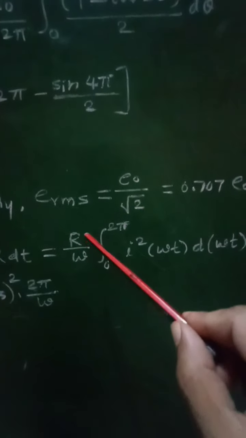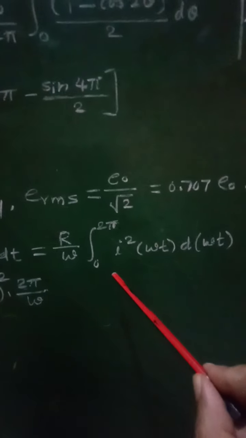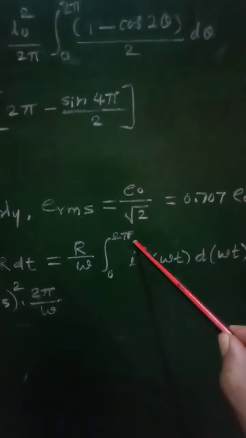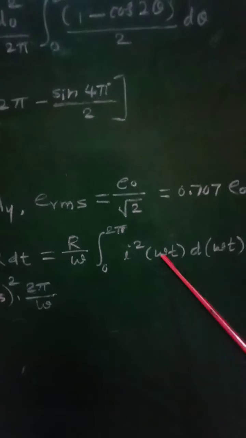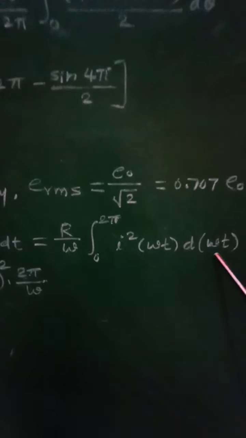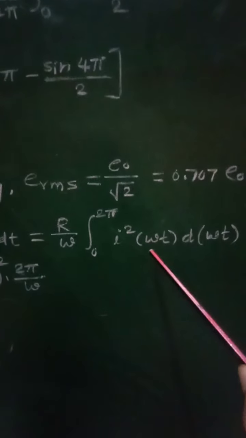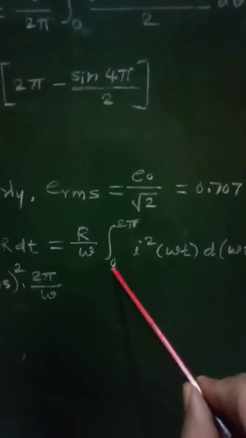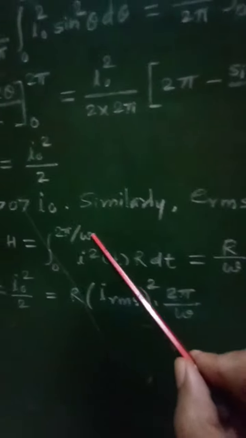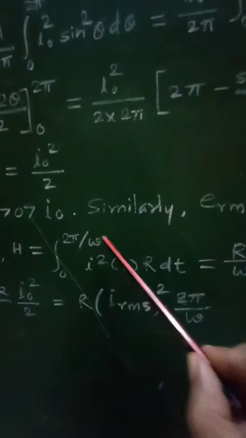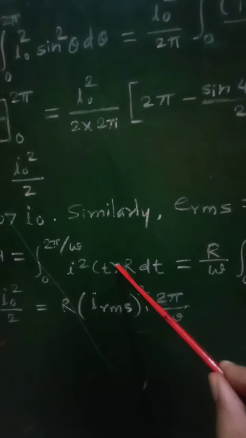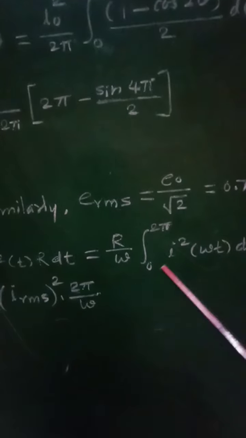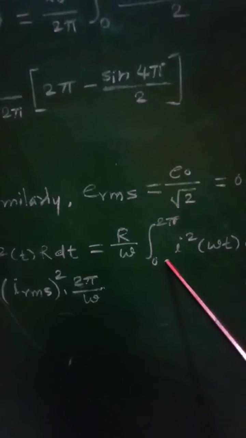Therefore R by omega, integration from 0 to 2 pi, I square omega t d omega t. In this case we have written omega t, that is the phase, and therefore the limiting values of integration must be from 0 to 2 pi instead of 0 to 2 pi by omega. Here it is time, here it is phase, and therefore the limiting values of integration will be like this.